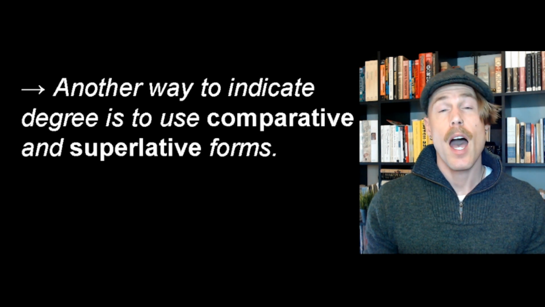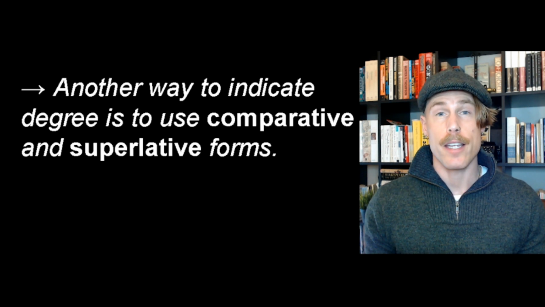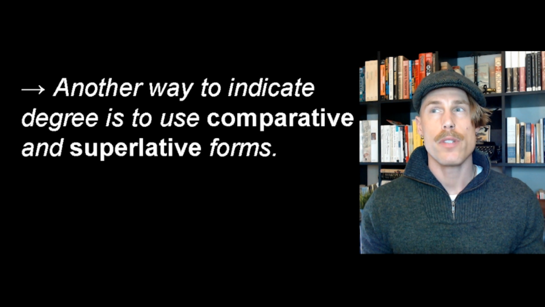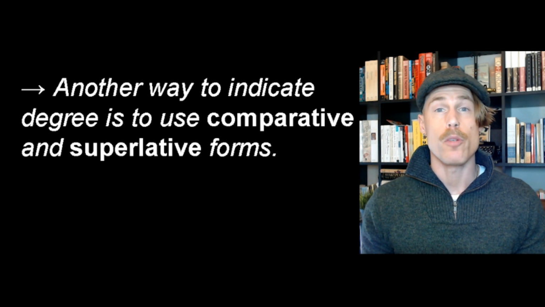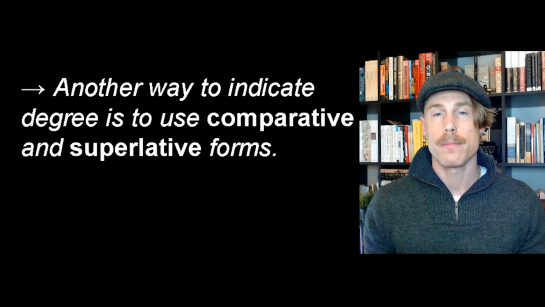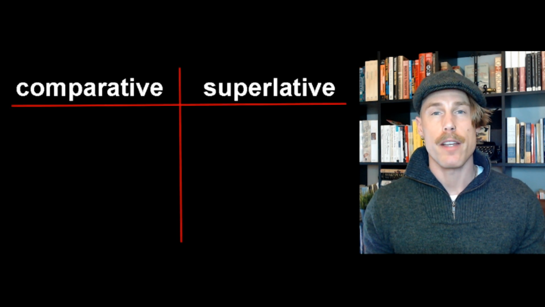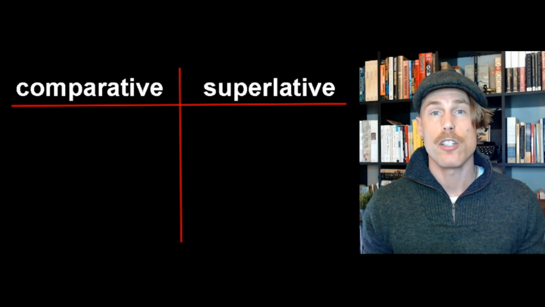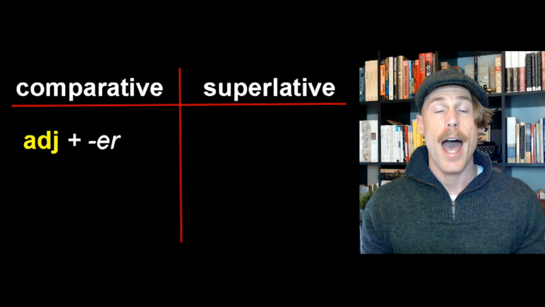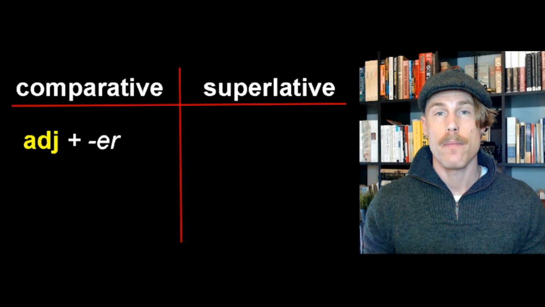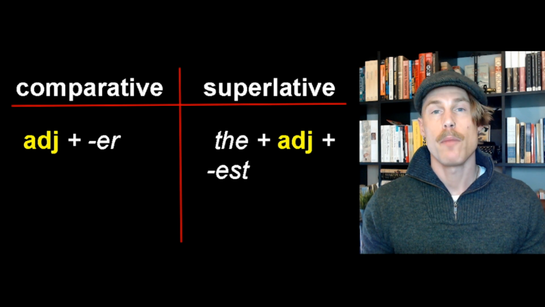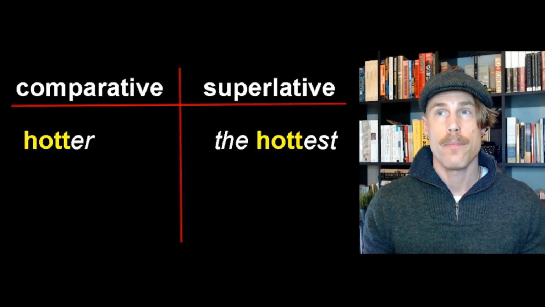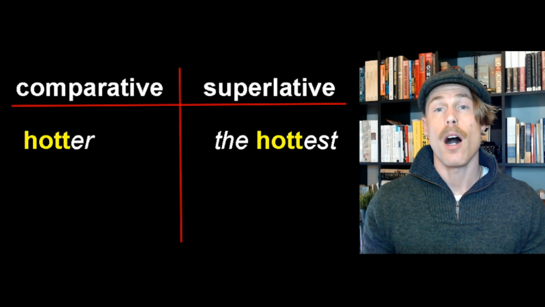Okay. Another way to indicate degree is to use comparative and superlative forms. What are comparative and superlative forms? Well, let's briefly, quickly talk about them. Adjective plus er, the plus adjective plus est: hotter, the hottest.